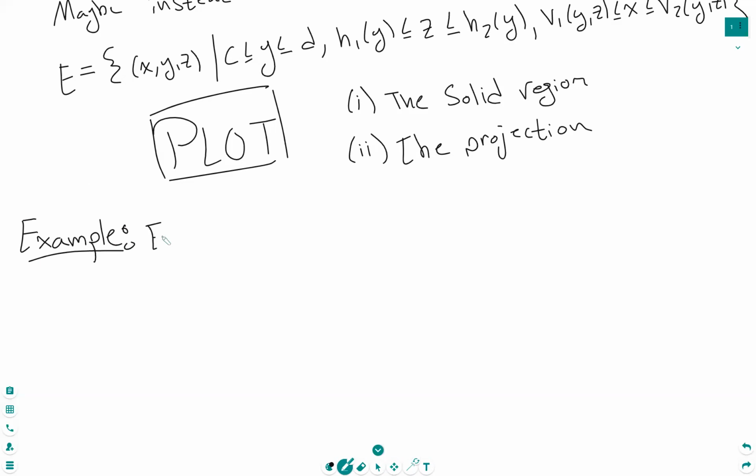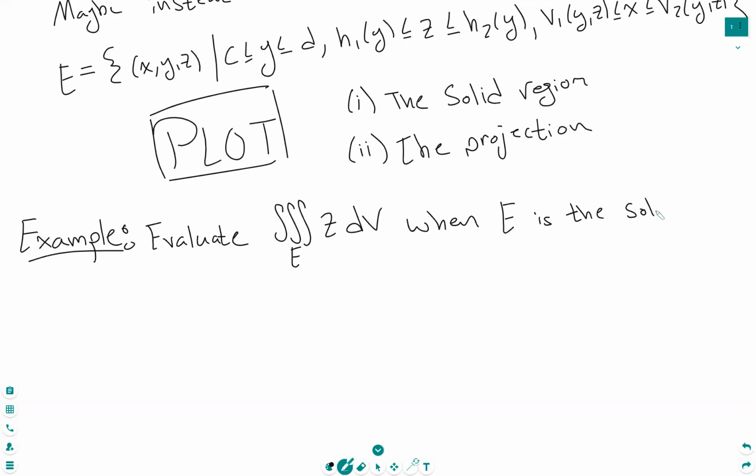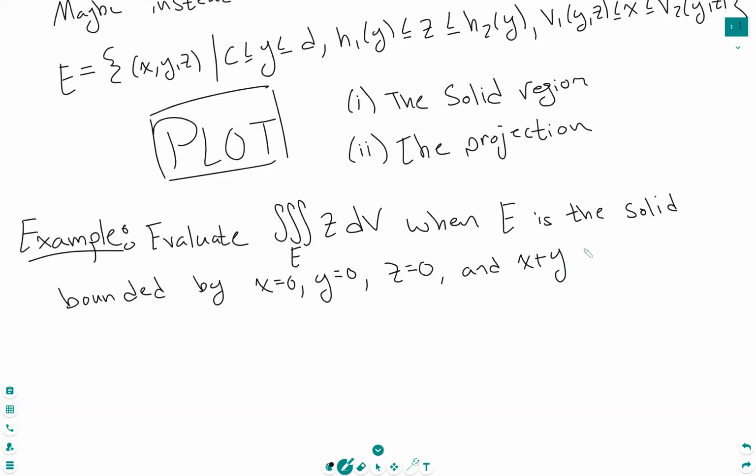Okay, so for our first example, we're going to evaluate the triple integral over E of z dV when the region E is the solid bounded by x equals 0, y equals 0, z equals 0, and the plane x plus y plus z is equal to 1.